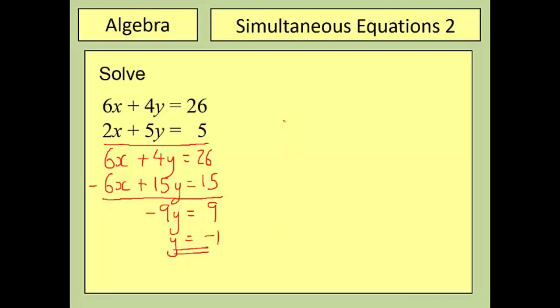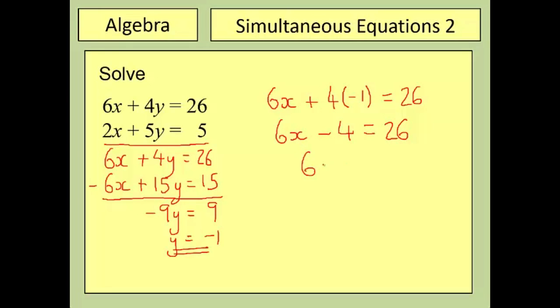We'll then take that y and substitute it back into one of the equations. I'll use the first one. So we've got 6x plus 4y, but we know now that y is actually equal to negative 1. And this has got to equal 26. And we end up with an equation that we can solve. So 6x, 4 times negative 1 is negative 4, equals 26.